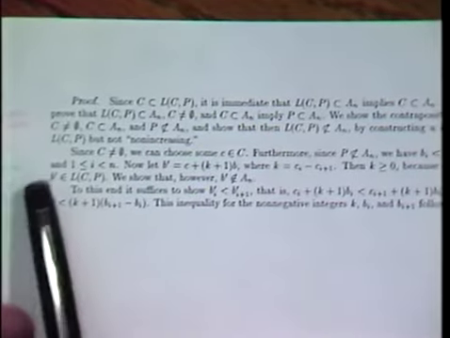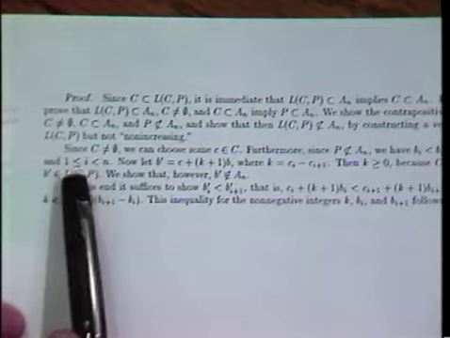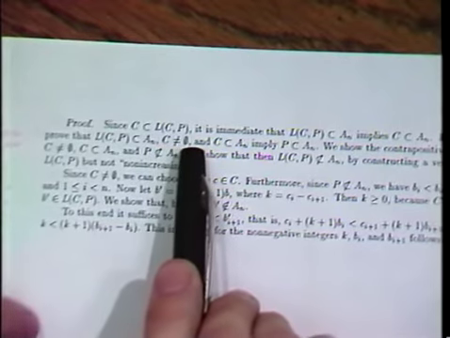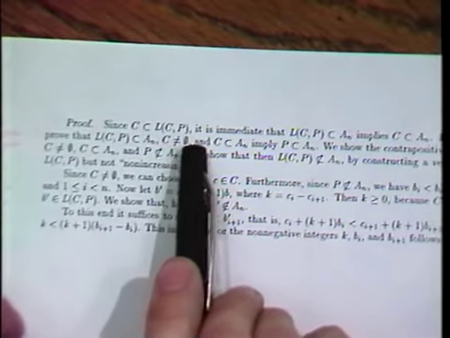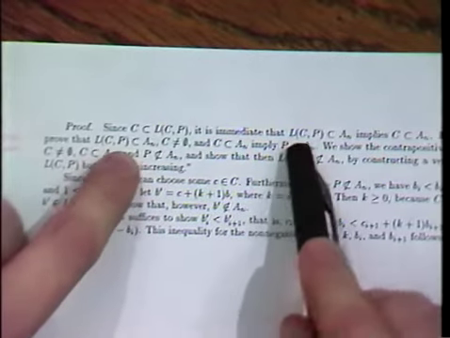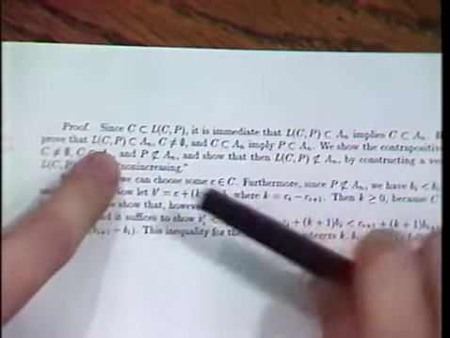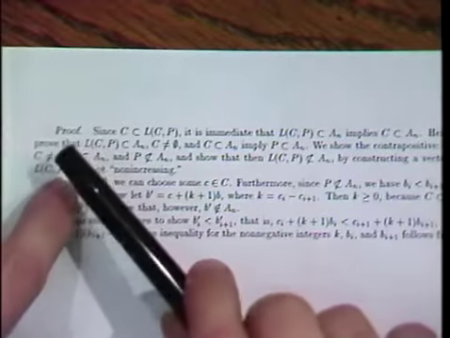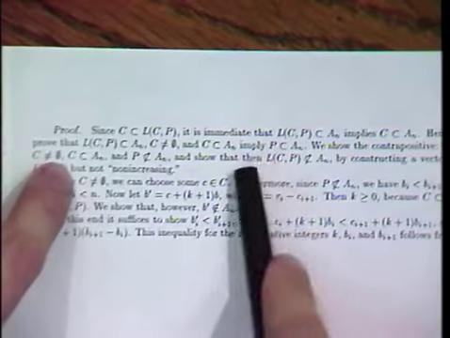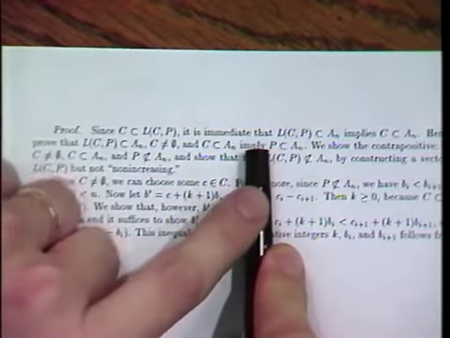Now let's see. I have a point here. One pass, no look ahead. That's in the previous one. It suffices to prove that L of C and P is contained in A of N, C not equal empty, and C and A and so on imply something. Okay, so it's not clear when I was reading this that this word "imply" would change the whole ball game.